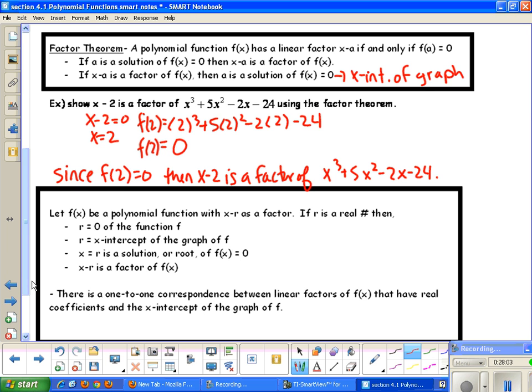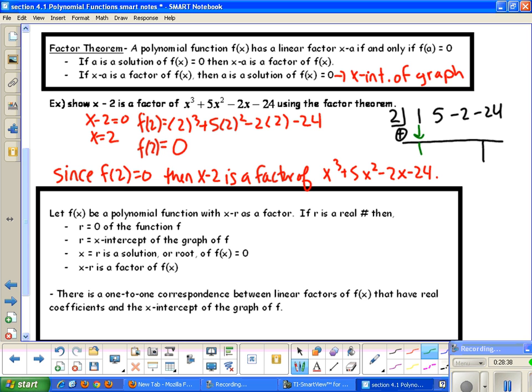We could have also, since it didn't tell us how to decide whether or not it's a factor, done synthetic division or long division. Just to refresh our memory on synthetic division, in my box would go the number that I'm testing to see is a 0, which is 2, and I have to make sure it's in standard form with no missing 0 placeholders, which it is. Then I put my coefficients in front: 1, 5, negative 2, negative 24. Then we add our numbers together. The last number is going to be your remainder. Bring the 1 down.